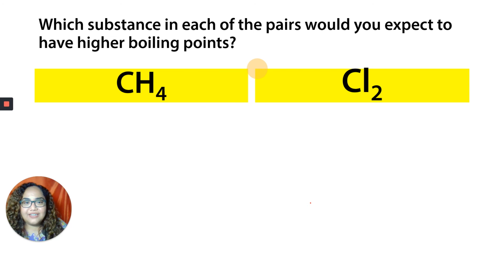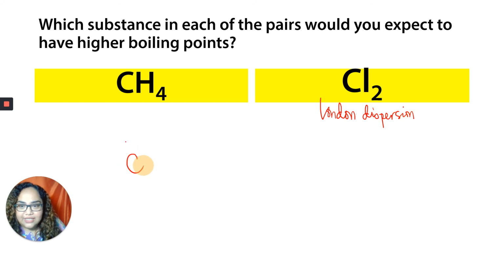Okay, now how about this one? CH4 versus Cl2. We have established that Cl2 has London dispersion forces as its main IMF. How about CH4? If you look at CH4's molecular geometry, it would look like this.